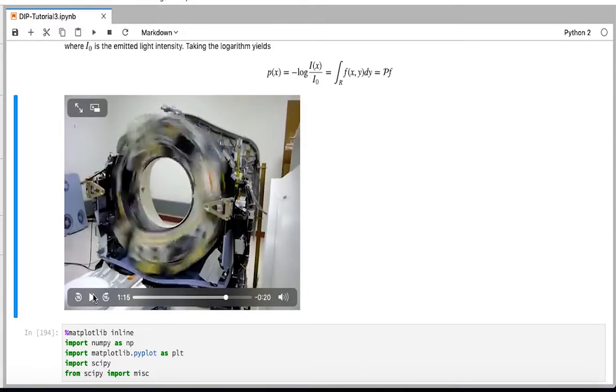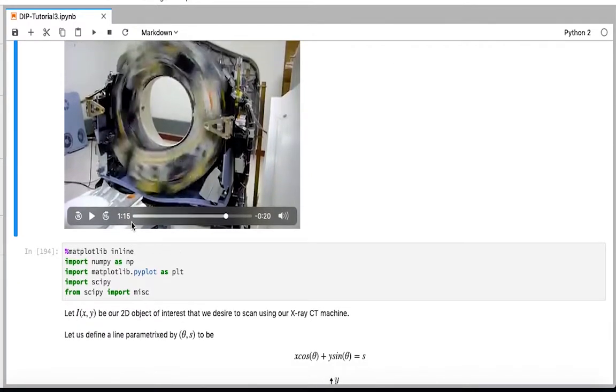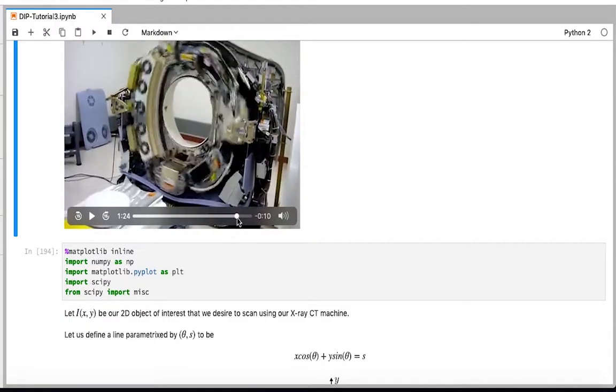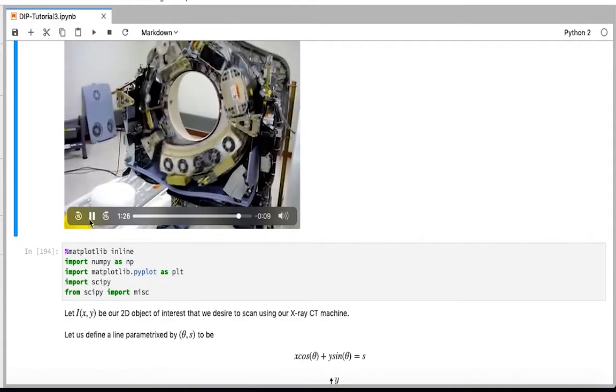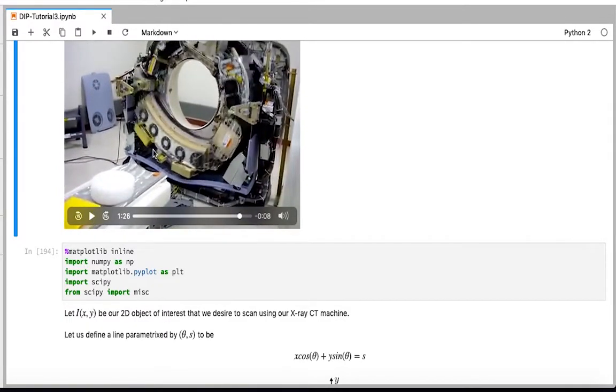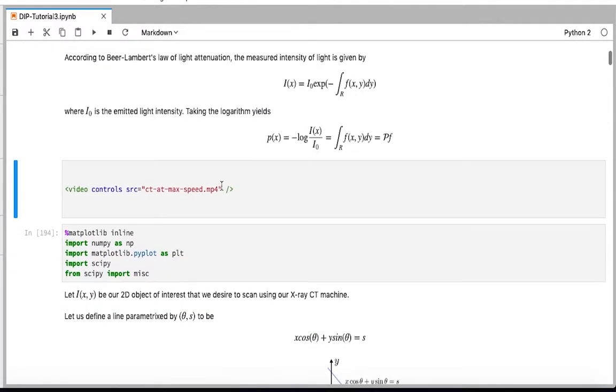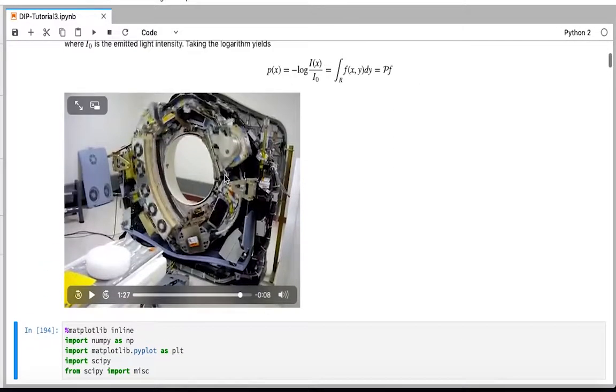So I'll stop it. If you observe, you see these five spheres here. They are the receivers, whereas this one is the transmitter of the X-rays.